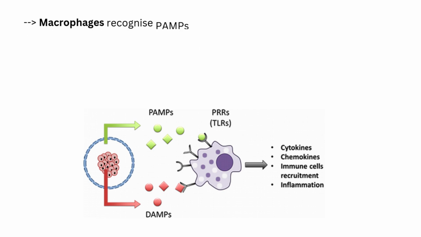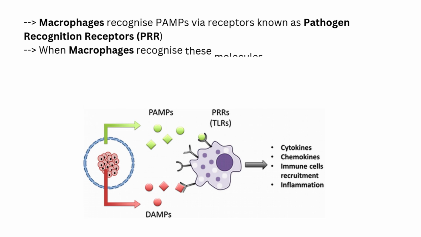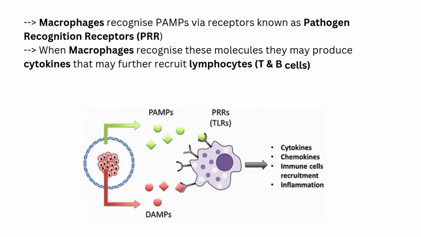The macrophages recognize PAMPs via receptors known as pathogen recognition receptors. Upon recognition, they may produce cytokines that will further recruit lymphocytes such as T and B cells, which gives rise to the adaptive immune response. It is important to understand that the extent of immune reaction to IOLs is also influenced by its material properties.